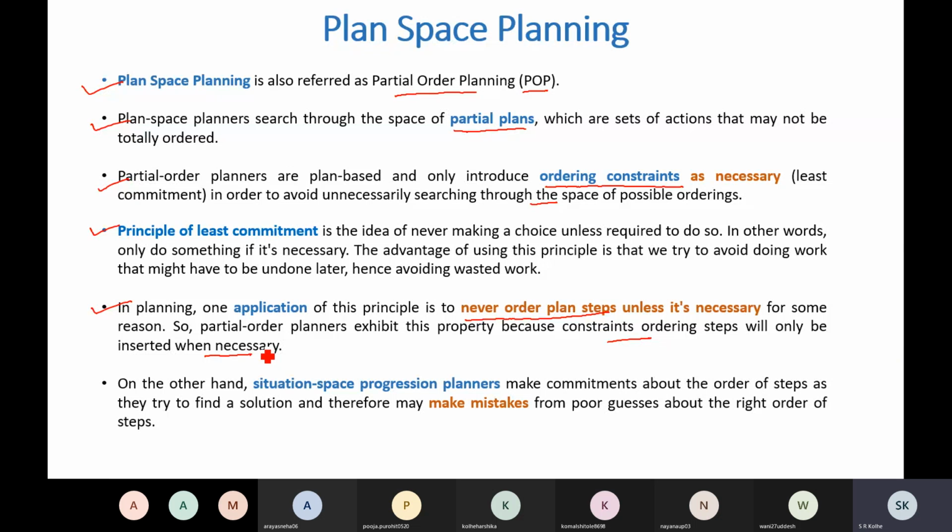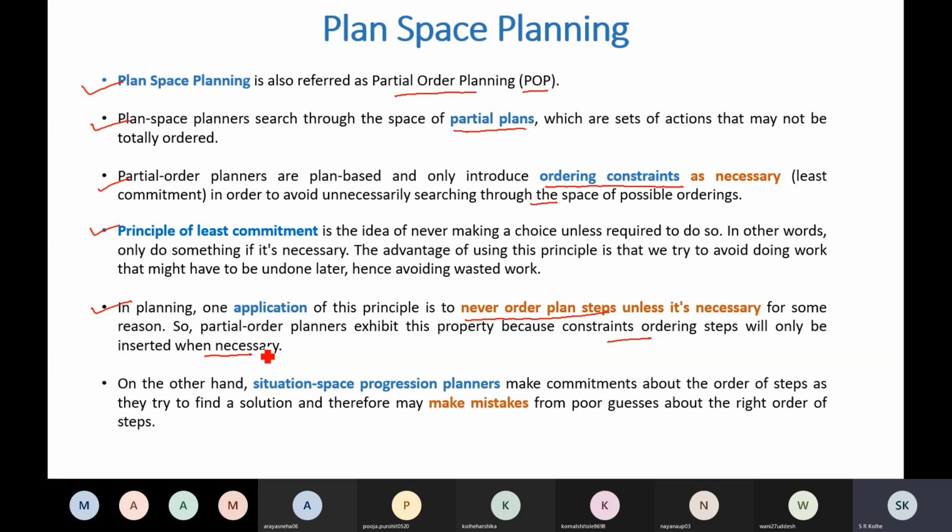For example, whenever I go home from the office, if I order my steps as a totally ordered plan, how will I reach home? I will start from the university, our School of Computer Sciences, and reach Bamburi.